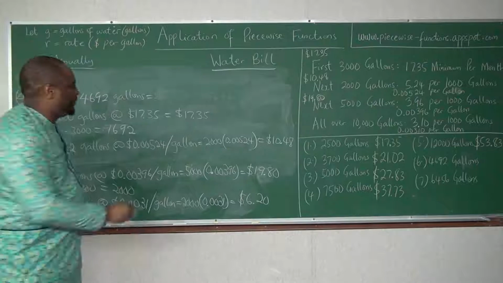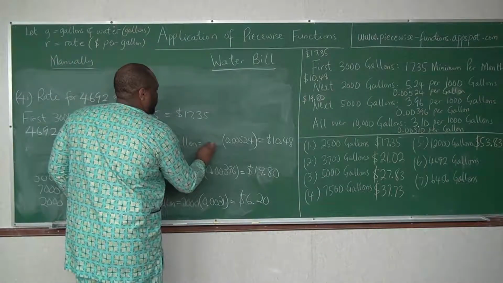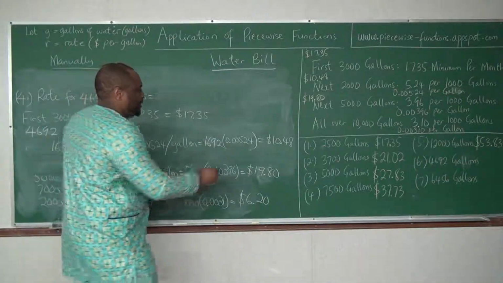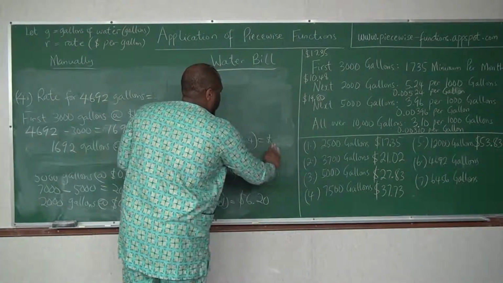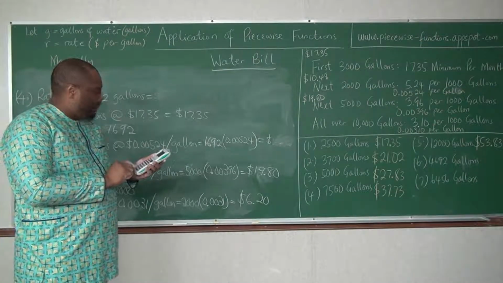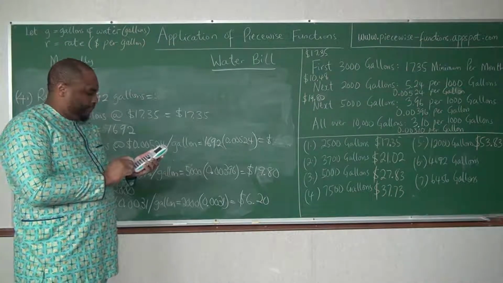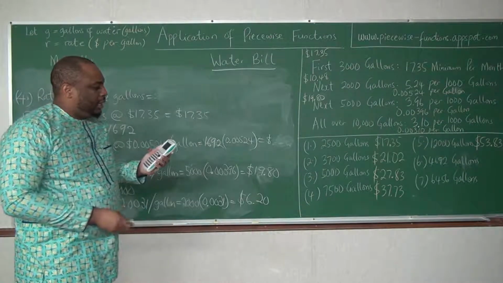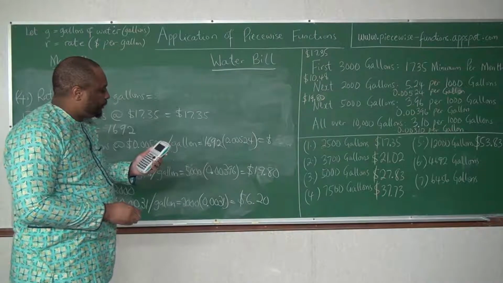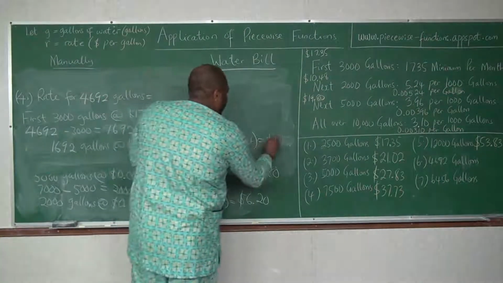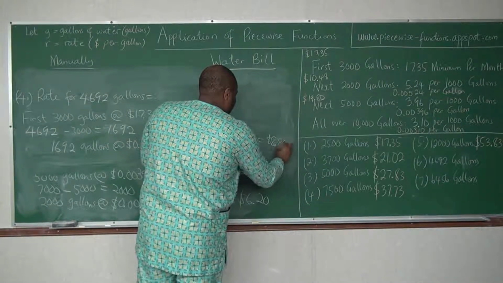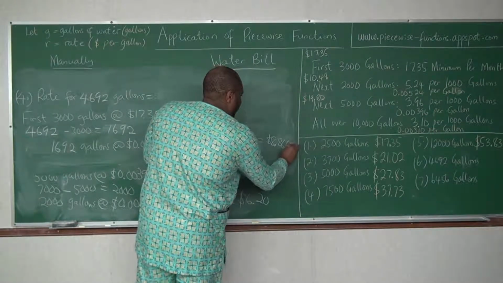So this is 1,692 gallons at 0.00524 per gallon. When you multiply it, 1,692 times 0.00524 gives you 8.86608 dollars.